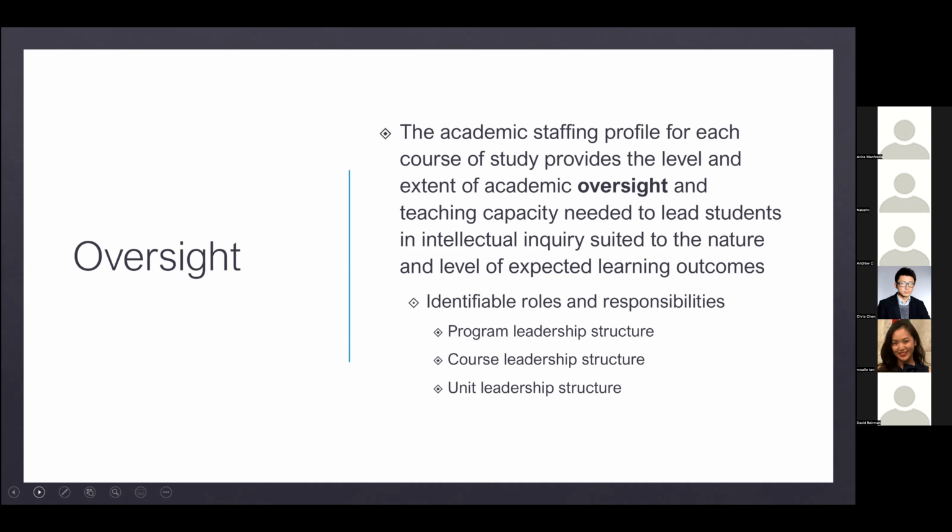What you saw within that profile was that, yes, we have a dean, who was in charge of the whole school or the faculty program. We have a course director and course leader. We also had unit leadership structures, so those chief examiner roles. So that oversight component is demonstrated within that profile that you've just been looking at.